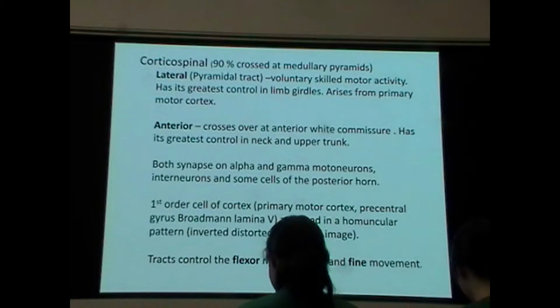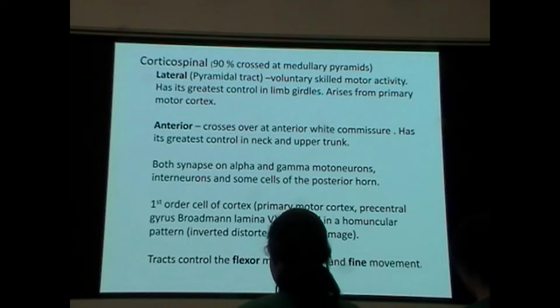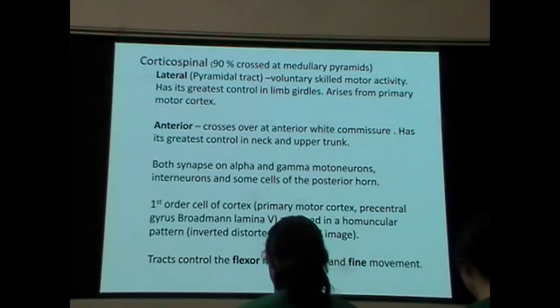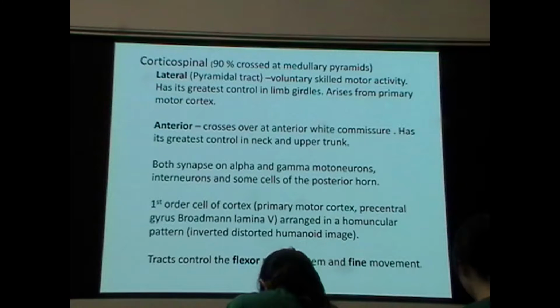So it's crossed secondarily as it has descended from the brain. But the lateral corticospinal pathway crosses immediately from medulla to spinal cord. Both of these synapse on alpha motor neurons and gamma motor neurons, and interneurons in some ways, because you get some greater control of muscle synergy.